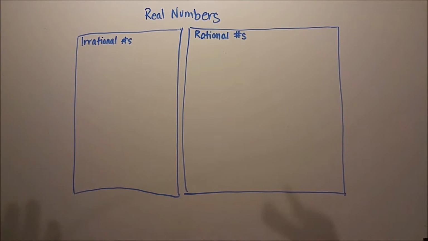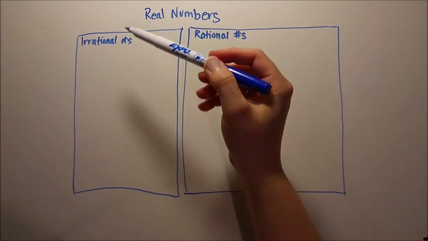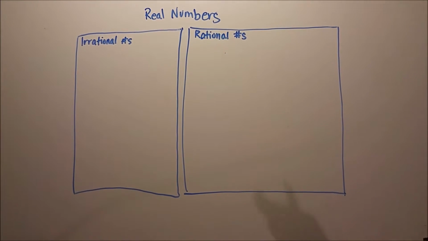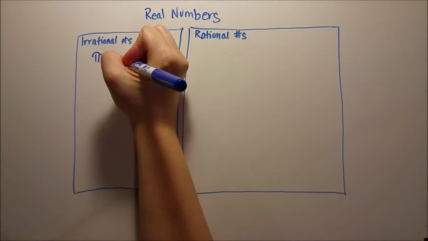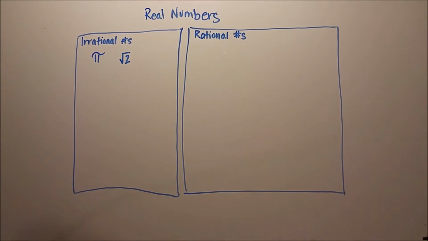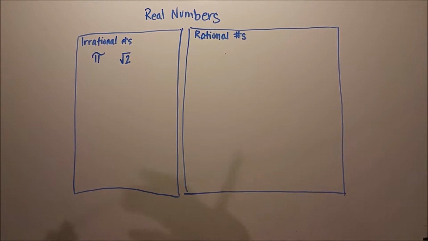Again, irrational can't be made sense of or doesn't make sense. So numbers are real, but they're not as easy for our brains to make sense out of or for us to do math with. So irrational numbers, pi is one. The square root of 2 is another. Basically, irrational numbers are those decimals that go on infinitely, forever, with no pattern to them whatsoever.